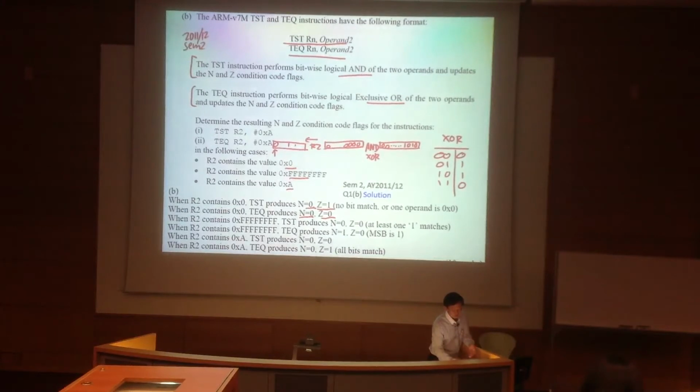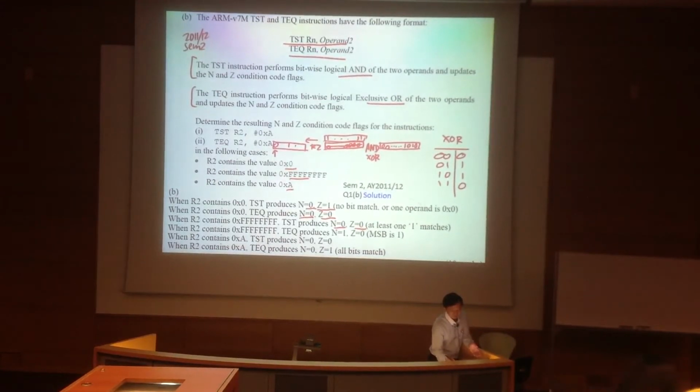Now the second case is a little bit more interesting. When everything here is all F, right? And everything there is 1. And you AND it, you know that this thing doesn't change. You're going to end up with some 1s there. Clearly it's not 0. This thing is 0 here. ANDing it with the 1 is going to be 0, so not negative.